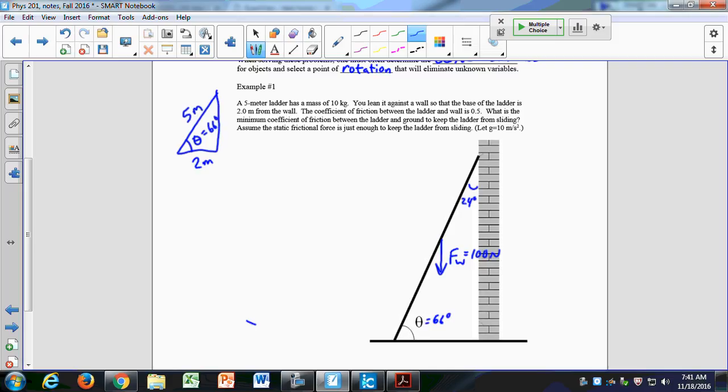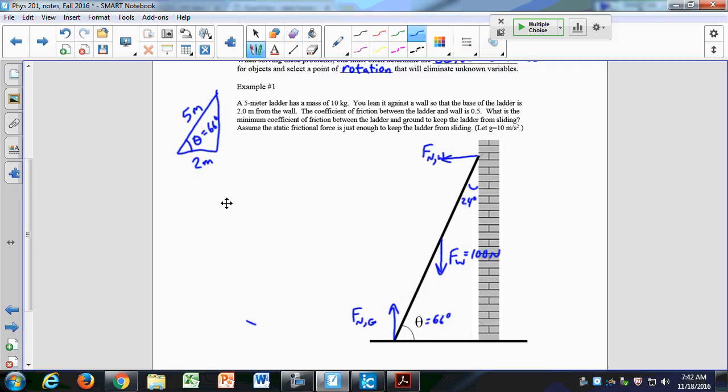So my normal force, I'll call it FNW, is in this direction. And then FNG, which I'll draw down here, for the ground, is perpendicular to the surface in that direction. You're going to have these similar forces acting in your take-home as well.